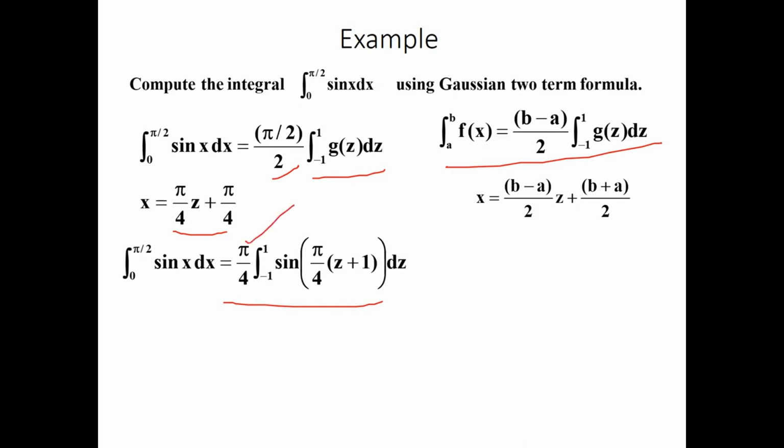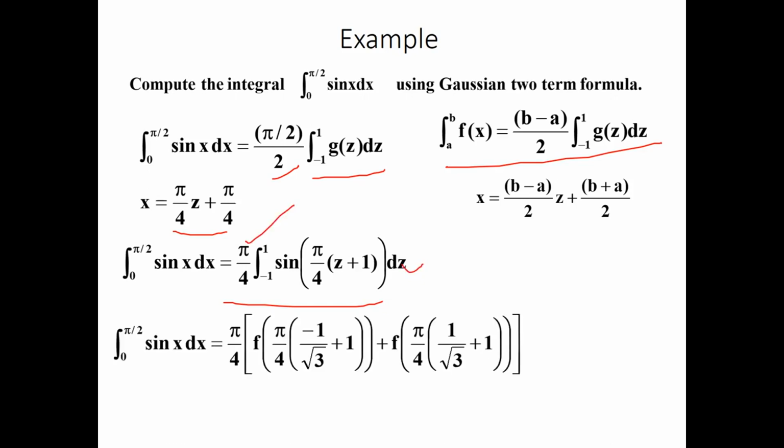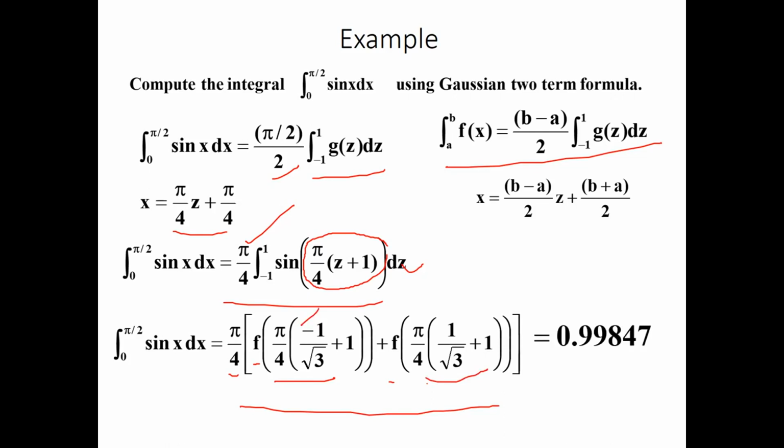So pi by 4 dz, and this is sine of this, and we write it in the form of the 2-point formula: pi by 4 times f of x plus f of minus x. When we calculate, because f is sine, when we put the sine function along with this value we get this value, and this is the integration.